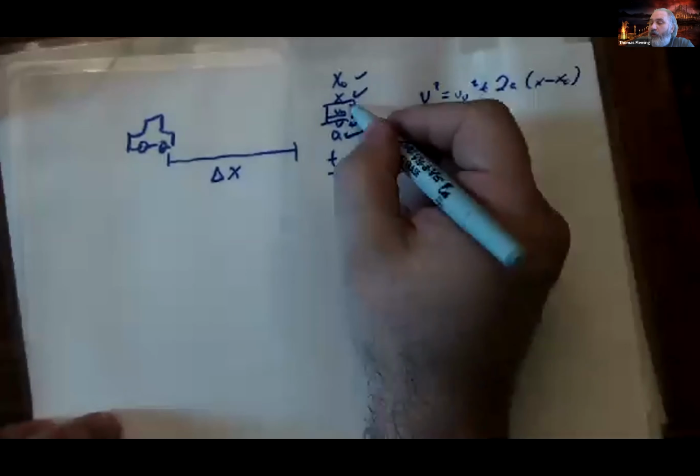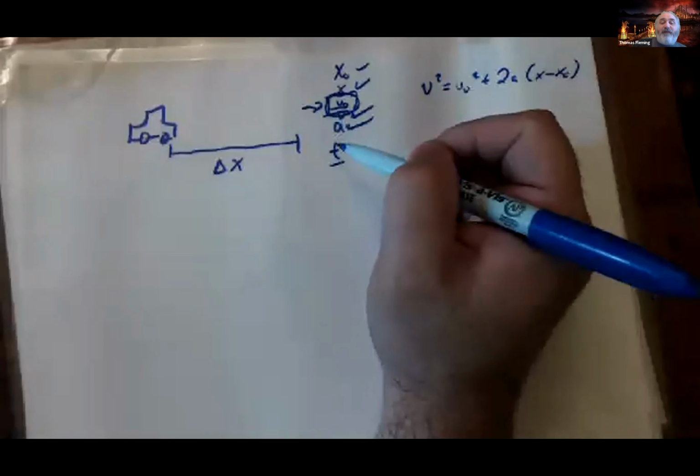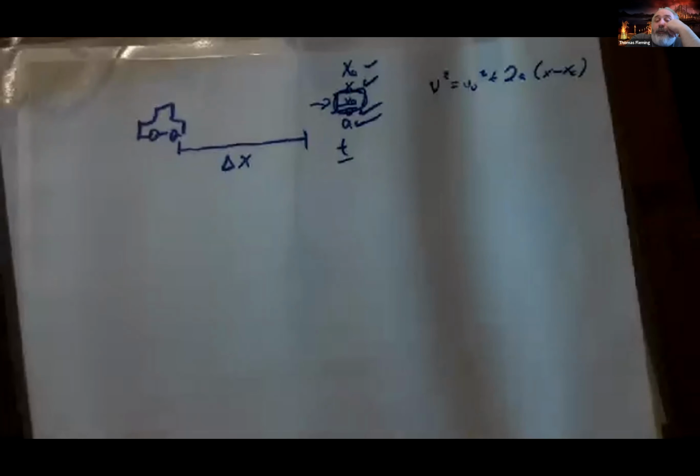And you could use that to solve for V initial. Why might I care? Well, maybe there was a car accident, and by measuring the skid marks, I can figure out how fast the person was traveling when they first hit the brakes. And then I know whether they were speeding and whether perhaps they were at fault for the accident and that kind of thing. So that's a thing you could certainly do.